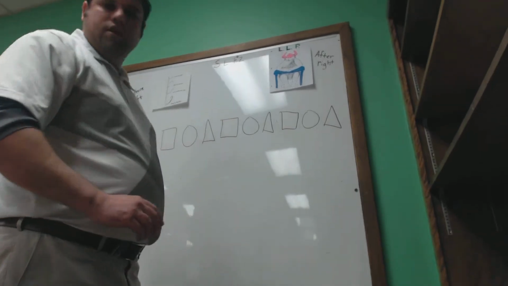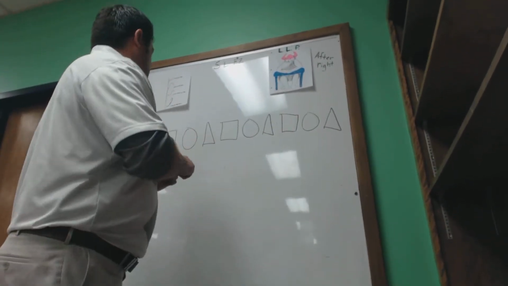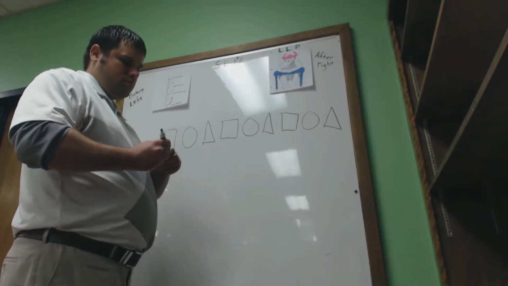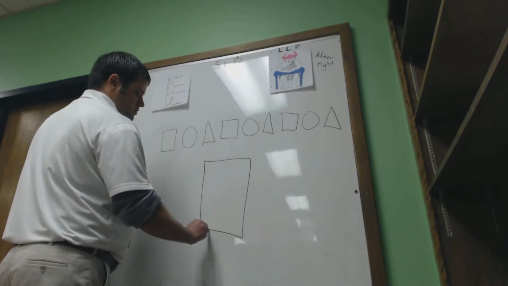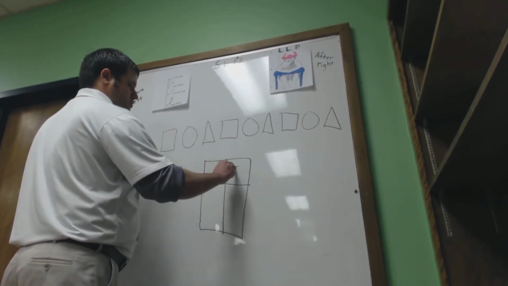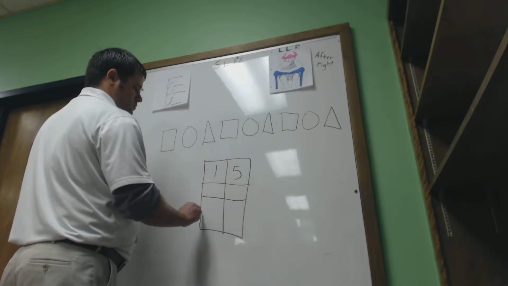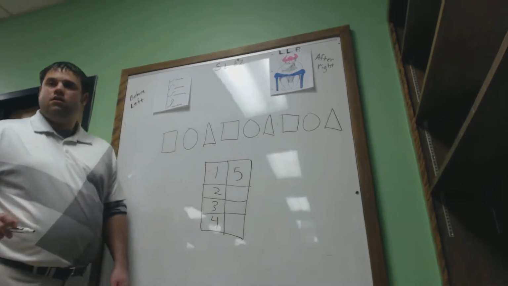This is what I want you to do. Okay, can I borrow your marker real quick, Aiden? Or Sydney? That's fine. You remember yesterday on our pre-test, you had this kind of a chart. You remember that?